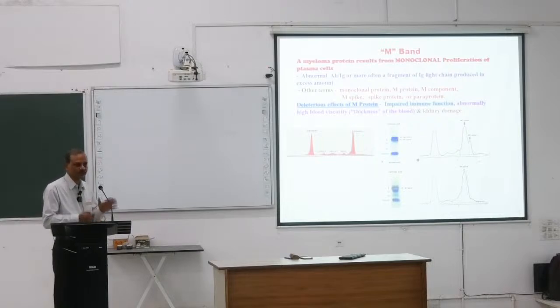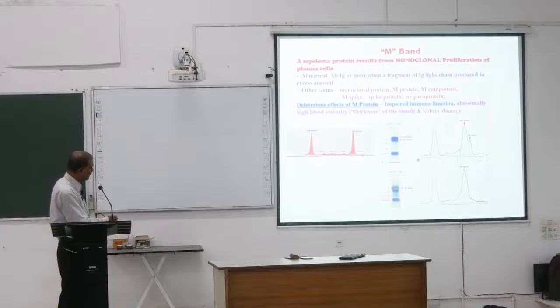Since this is produced in excess amount, that area shows a very thick or dense staining. This area, you can see, there is an excessive amount of this particular protein produced. The other terms are monoclonal protein, M protein. Just remember M protein.